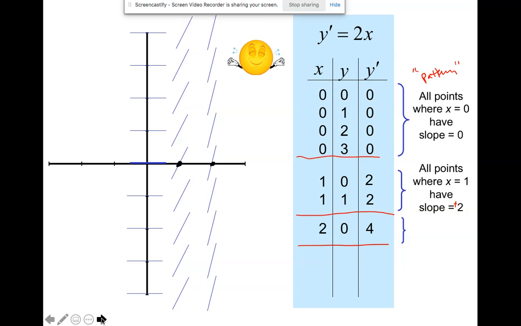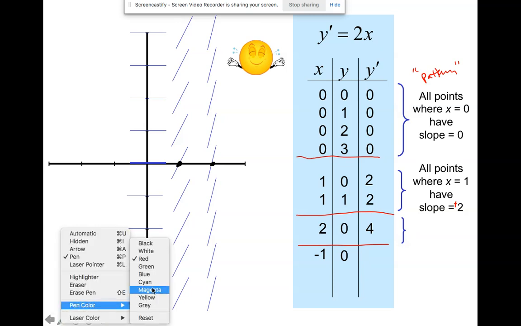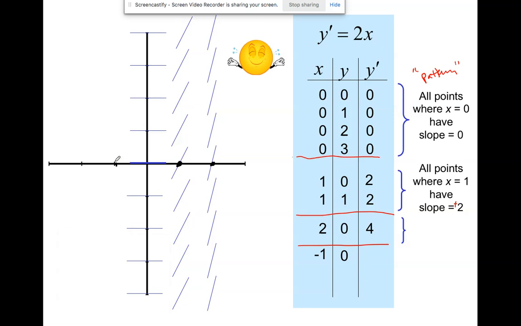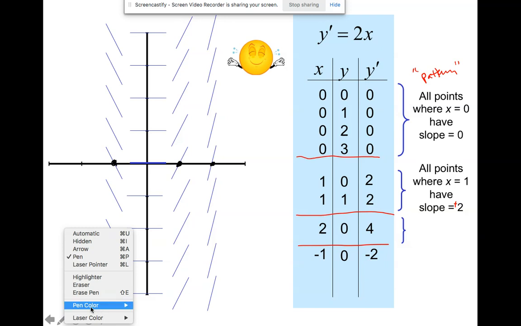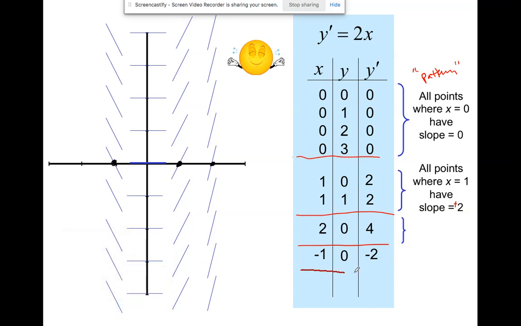I think I'll go investigate what's happening for the negatives. At the point -1, 0, what's my slope? -2. Once again, feel pretty confident about my ability to generalize with a pattern.